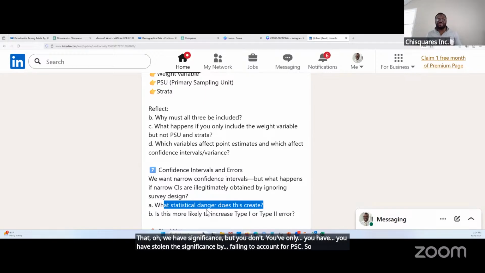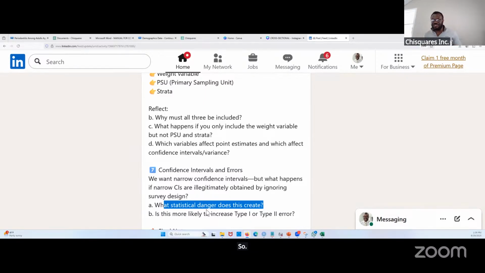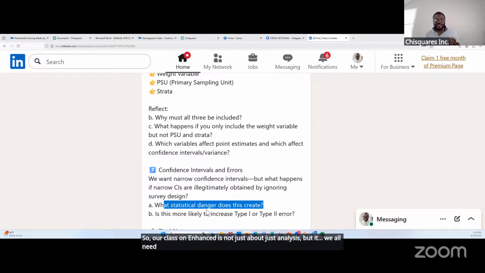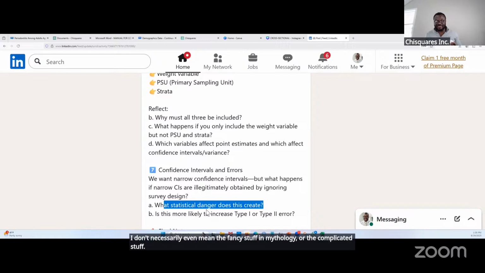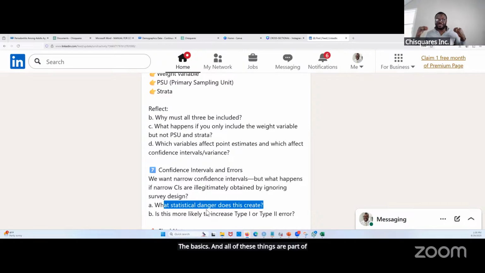So that's why we are interested in all of these things, right? Our class on NHANES is not just about analysis, but we all need to have a very solid grounding in methodology. I don't necessarily mean the fancy or complicated stuff, but the basics. And all of these things are part of the basics, right?